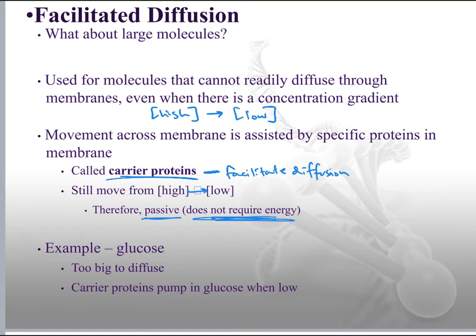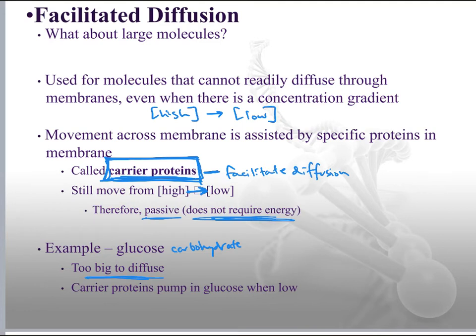We're still going from high to low, but this time it has to be moved through by a protein. It can't just go through the membrane. An example here is something like glucose. This is a carbohydrate that's going to provide energy. It's got to get into the cell somehow, but it's too big to just diffuse through.